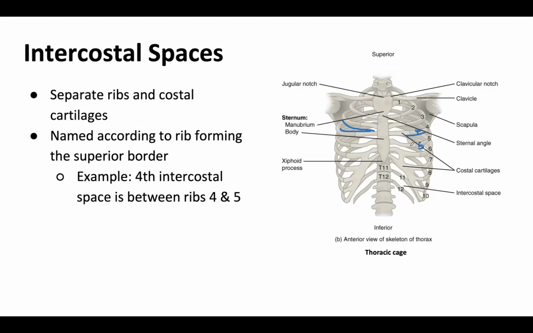This intercostal space between the two is the fourth intercostal space, so named after that superior one. We will talk a bit more about the contents of this space in the muscles video, but this isn't an empty space during life. It's completely filled with muscles and neurovasculature. So a lot going on there.